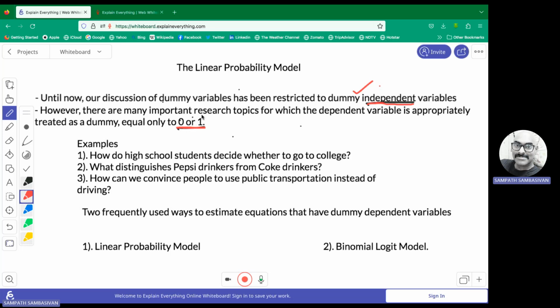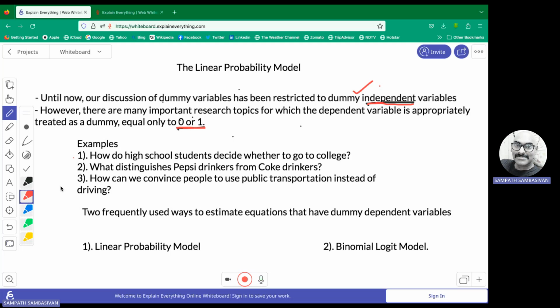Now we are going to move towards models where a dummy variable would appear as a dependent variable. A few examples, though we may not exactly model them in this round, just to quote some examples. For example, how do high school students decide whether to go to college, right?